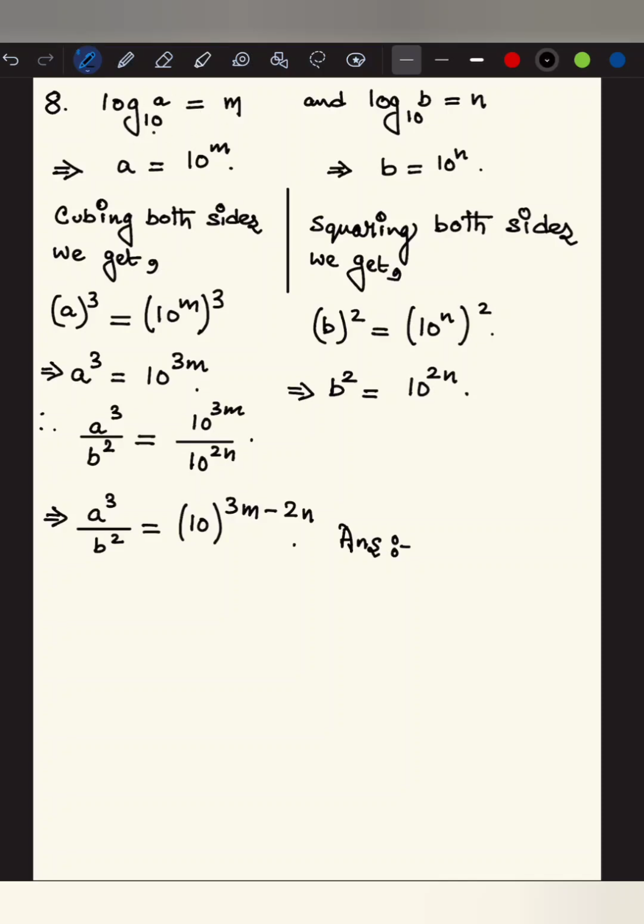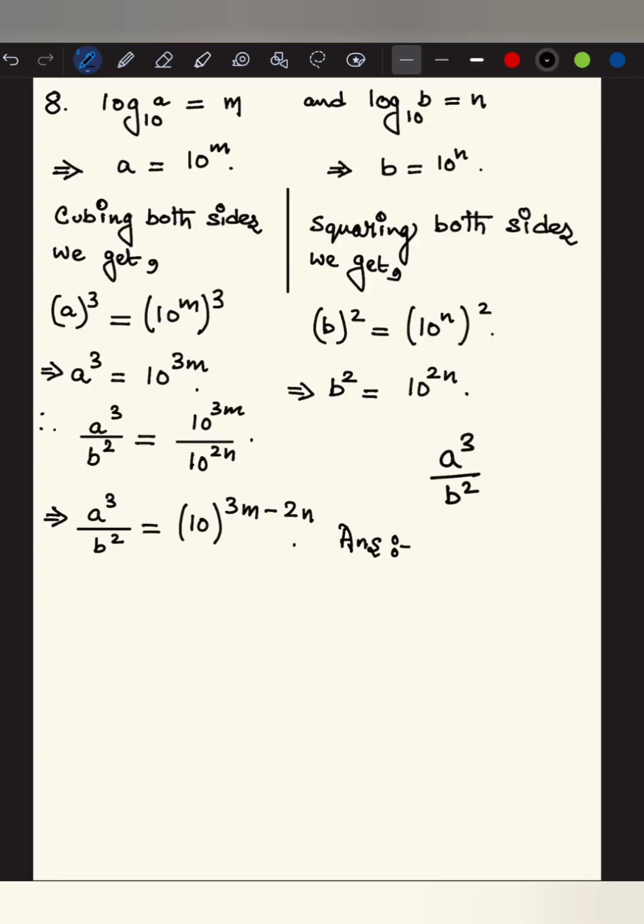So log a base 10 is equals to m can be written as 10 to the power m equals to a. That is what I have written. Similarly, log b base 10 equals to n can be written as 10 to the power n is equal to b. Now we are asked to find out the value of, let me write it here, a cube by b square.